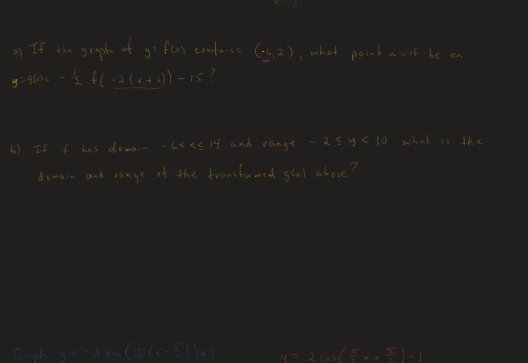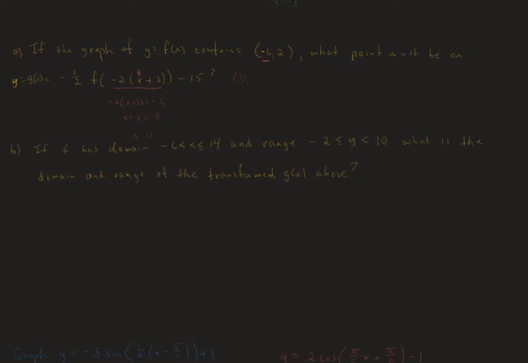So negative 2 times x plus 3 must equal negative 6, which means if we divide by negative 2, that x plus 3 must equal 3, which means that x must actually be 0.